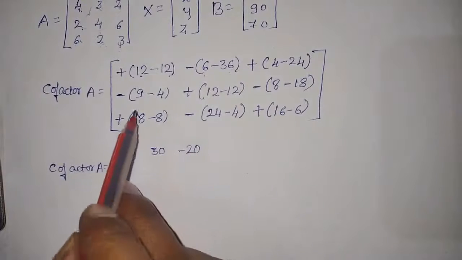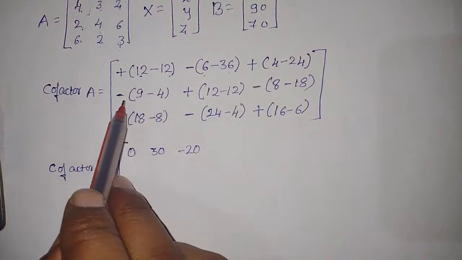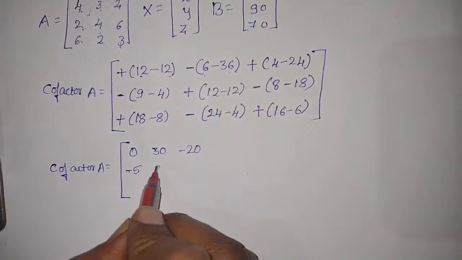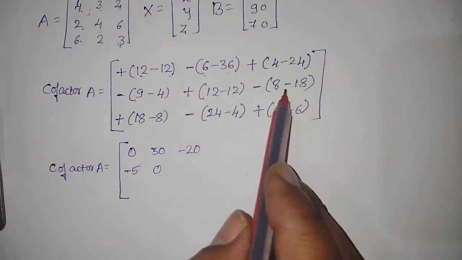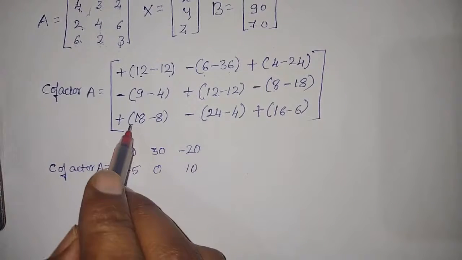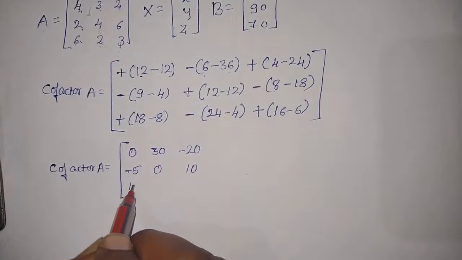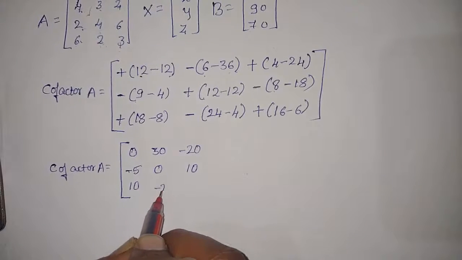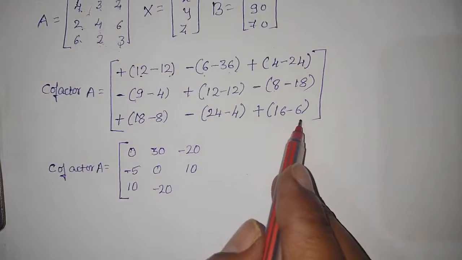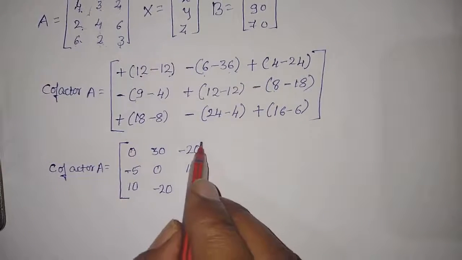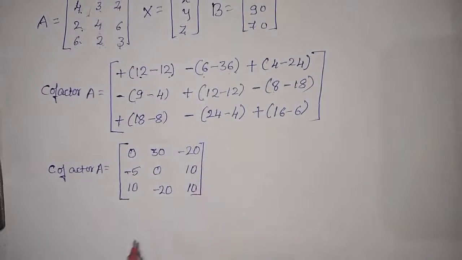Next, 9 minus 4 is 5, so minus 5; 12 minus 12 is 0; 8 minus 18 is minus 10, minus into minus is plus 10; 18 minus 8 is 10; 24 minus 4 is 20, so minus 20; and 16 minus 6 is 10, plus 10. This is called the cofactor of matrix A.